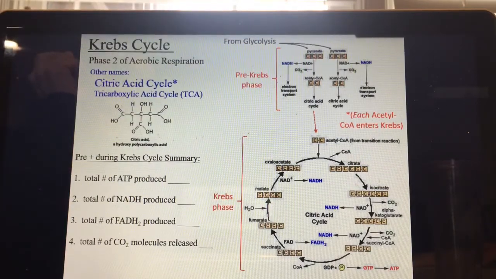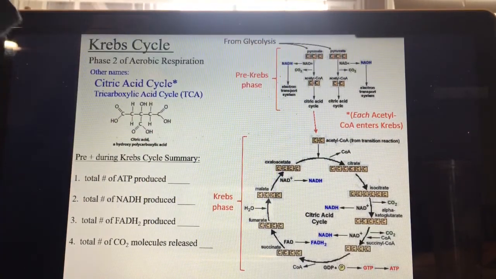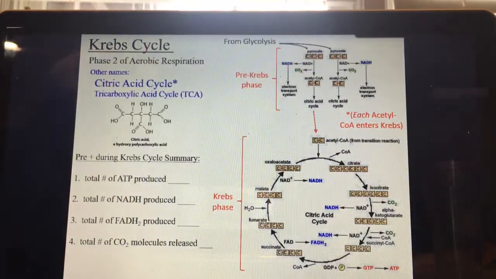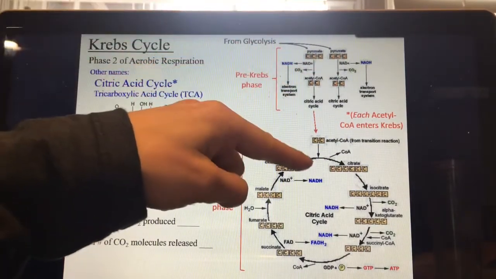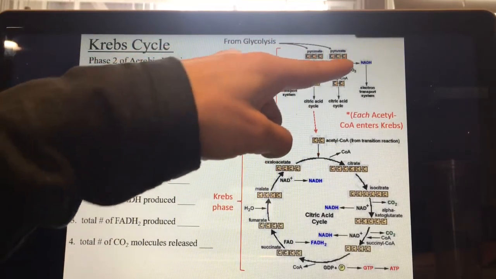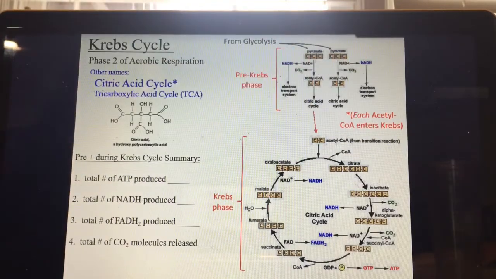NADH stands for nicotinamide adenine dinucleotide. And I have a handout for you that will explain exactly what NADH is, and it shows you the structure. So now we have 2 molecules of acetyl-CoA, and each molecule of acetyl-CoA enters the citric acid cycle. So before we enter the citric acid cycle, we have already produced 2 carbon dioxide molecules and 2 NADH molecules.